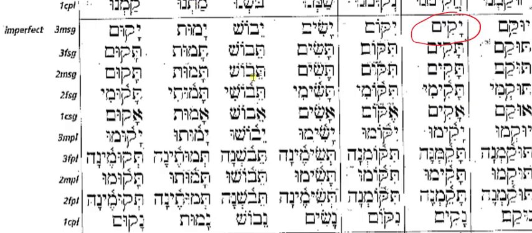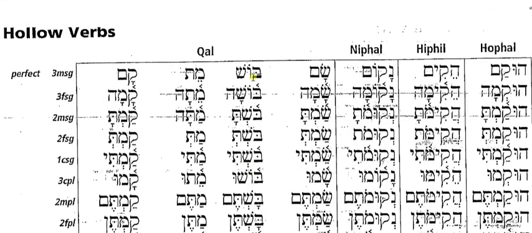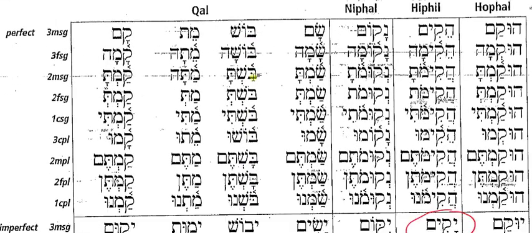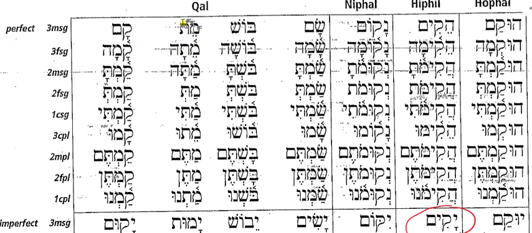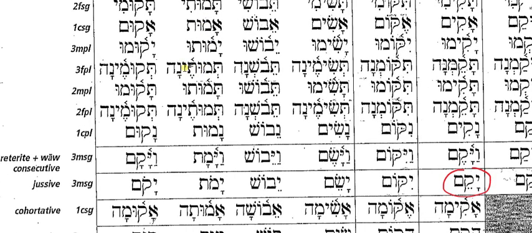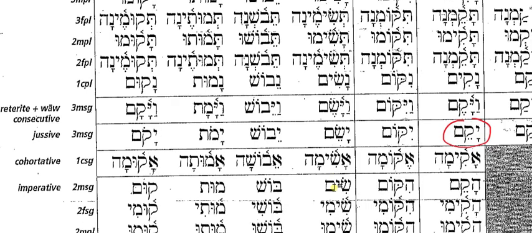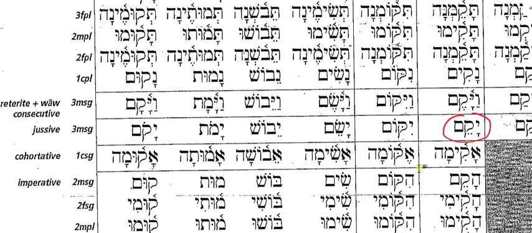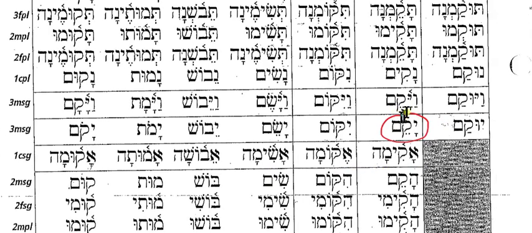So we'll go here. It's nice because mut is one of my forms here. If you look at the imperfect of mut in the Qal, it's yamut, where you see the shureq, and its WCI is vayamot, and it's got the U class qamets qatuf. But what I have is a tsere that has apparently become a segol.